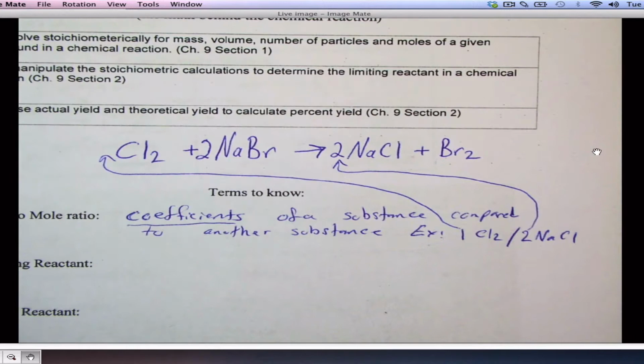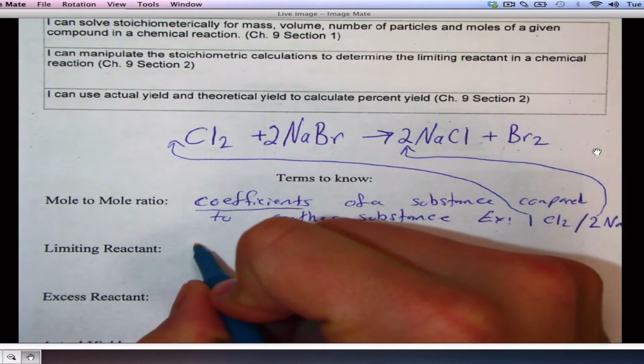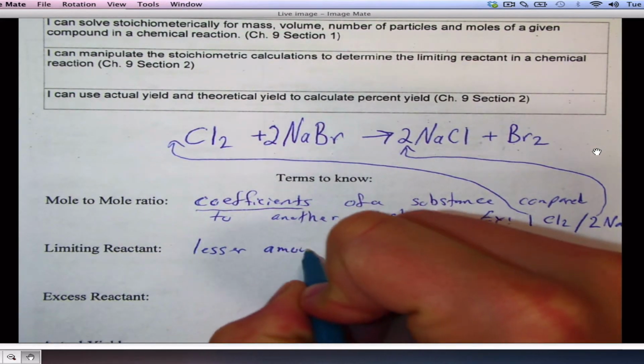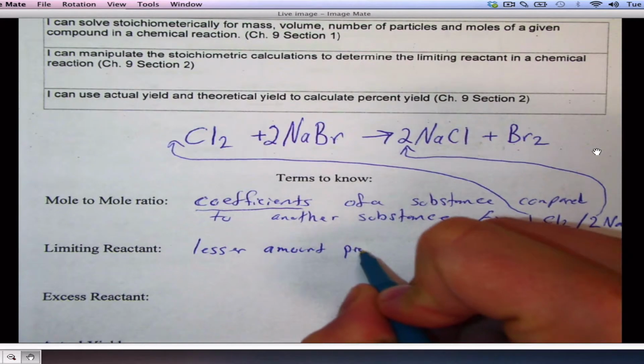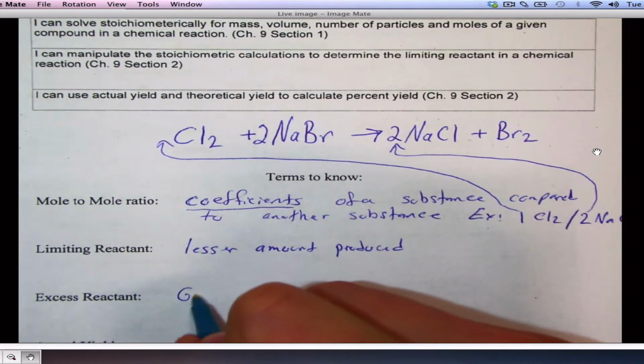All right. Now, limiting reactants and excess reactants and things like that, here's what goes on with those. When we start talking about limiting reactants, this is going to be the lesser amount produced. Okay? This is going to be the greater amount produced.